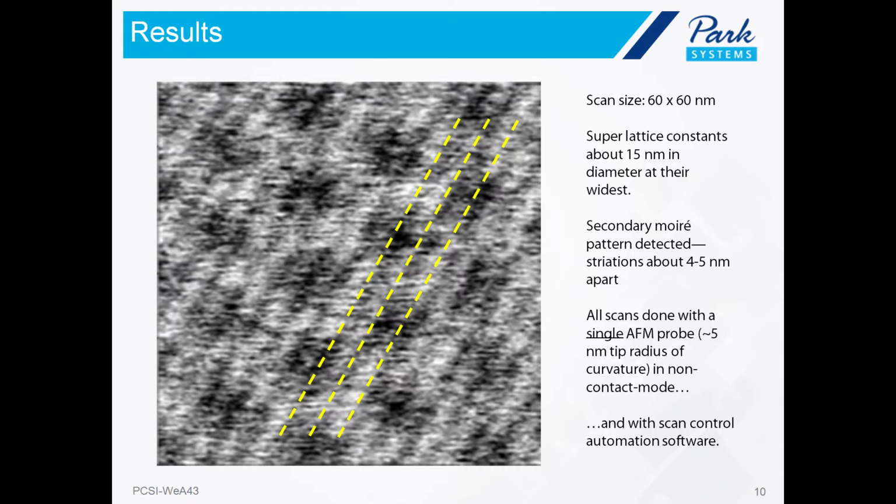In addition to this, the other thing that led us to believe that this is probably not an AFM scan artifact is that this work that I just presented from the Park Systems office in Santa Clara is actually a replication of work that was done by the Goldhaber-Gordon group at Stanford University.